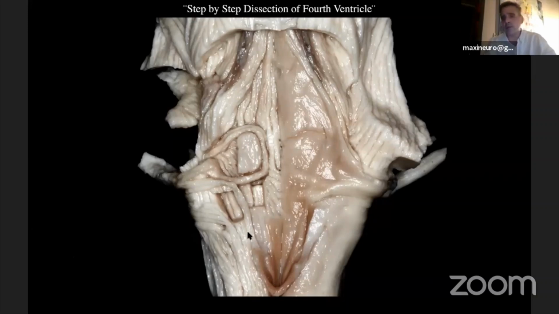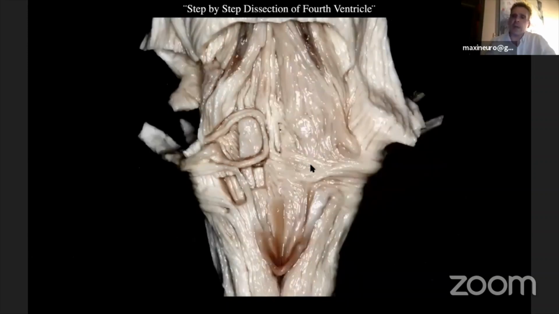But the most important structure here at the level of the calamus scriptorius is the triangle of the 12th nerve and the triangle of the 10th, the hypoglossal and vagal triangles. I dissect the right side to see in this way the acoustic striae, running from lateral to medial in the medial aspect of the fourth ventricular floor.